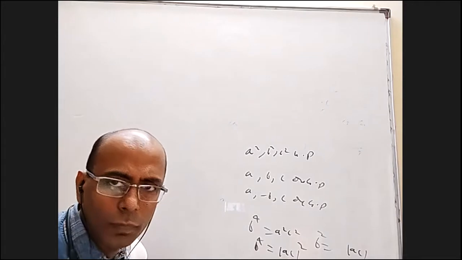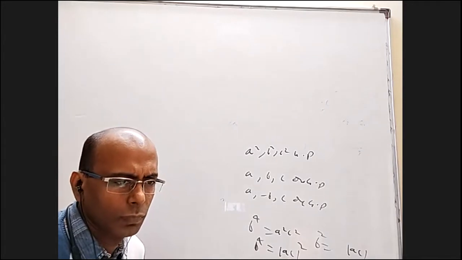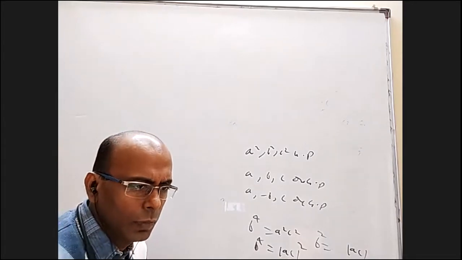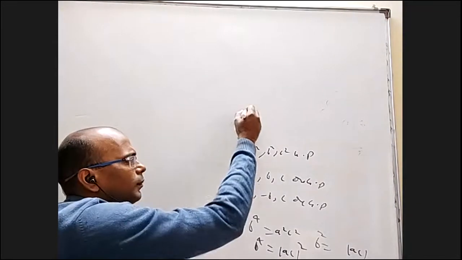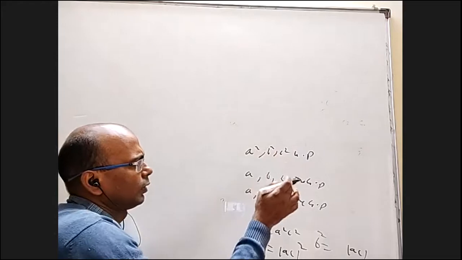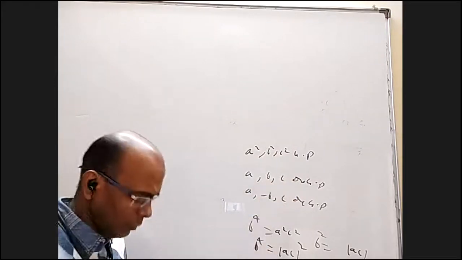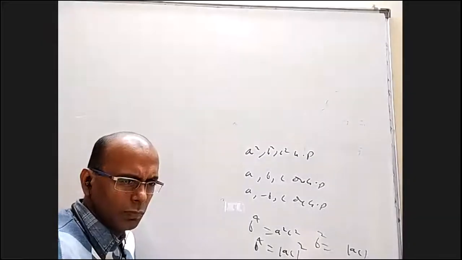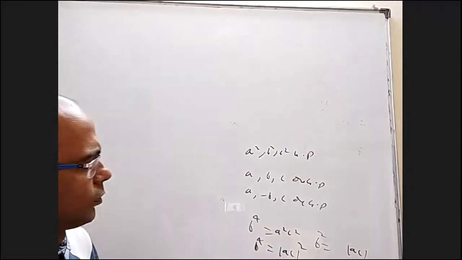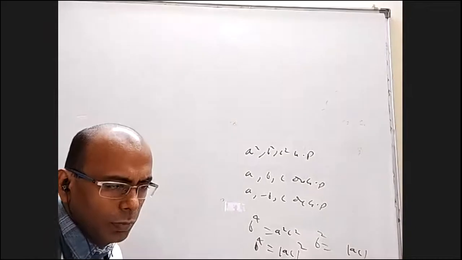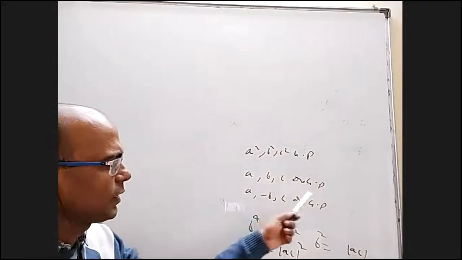What I'm saying, sir: A, B, C are in GP or A, B, minus C are in GP? Either way, that is also one case. If A, B, C are in GP, we can directly say that A, minus B, C are in GP. Either there will be GP like this or like this.